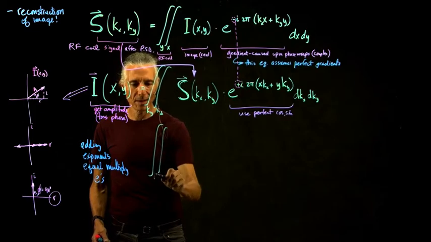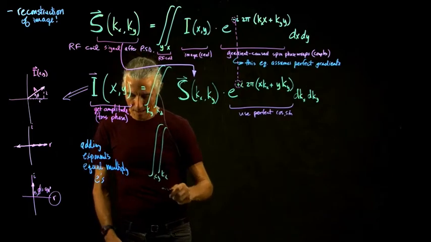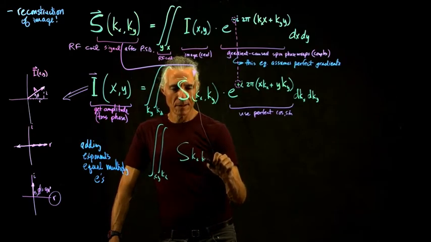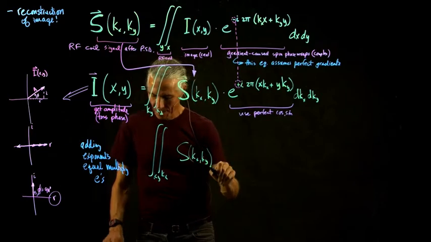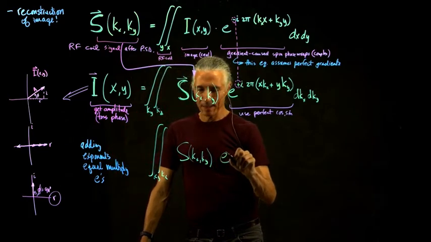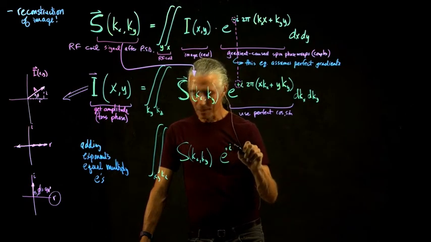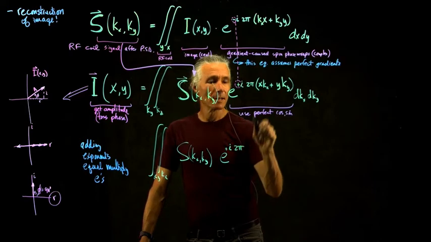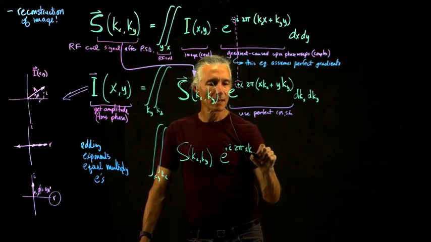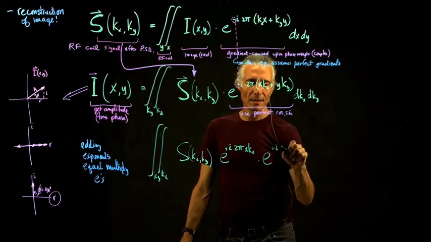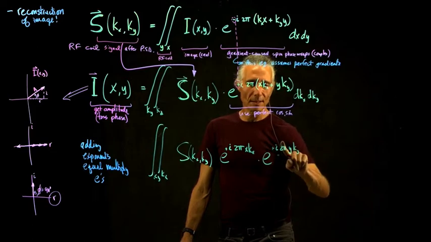So we sum over the ky, kx of our signal, kx, ky. And we can just separate these out, as I mentioned above. So it's e to the plus i 2 pi x kx times e to the plus i 2 pi y ky. So that's equivalent.